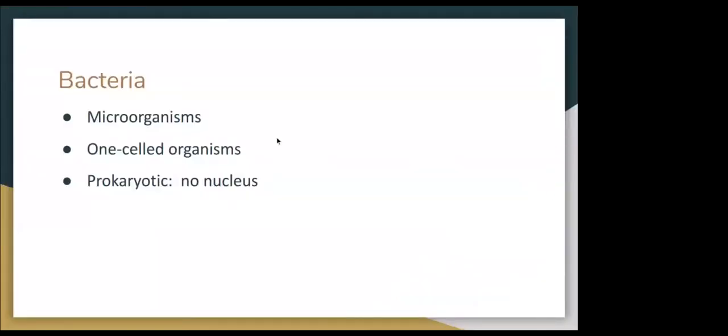So like archaea, bacteria are microorganisms. They are invisible to the human eye. We need microscopes to see them because they are one-celled organisms. They are only made up of one cell, and yet they are still a living thing.